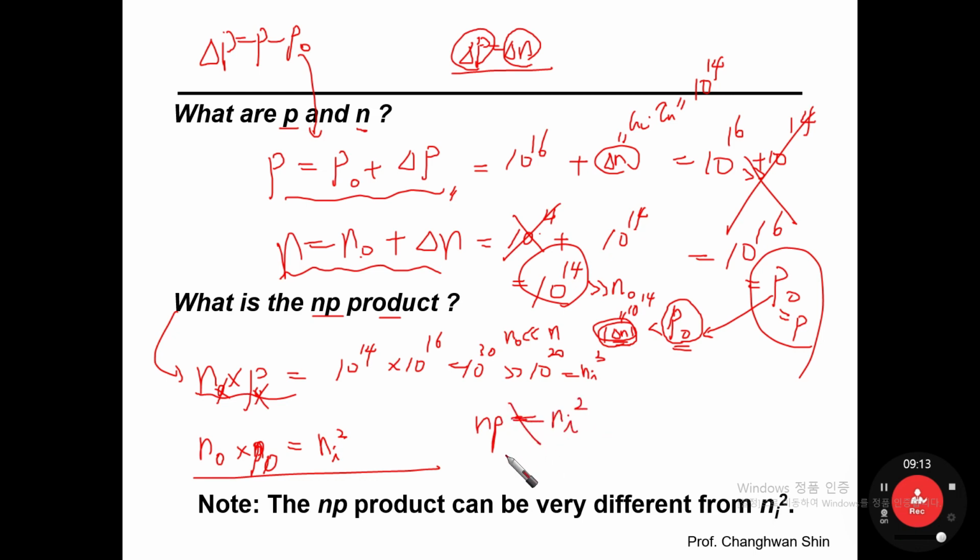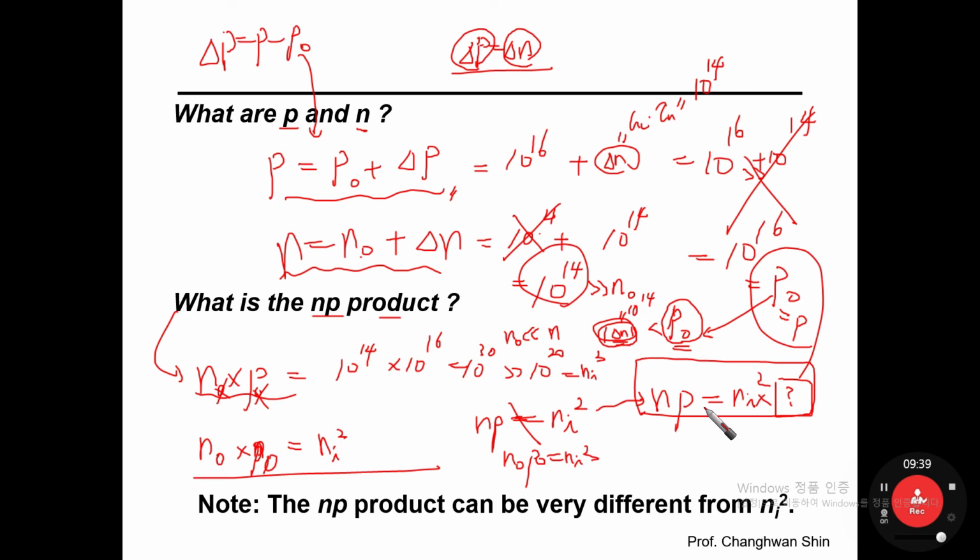N naught P naught is equal to Ni squared. And here the question is, do we have another equation to make this equation valid? Can we multiply something to complete this equation? We're going to learn that later in the PN junction diode.